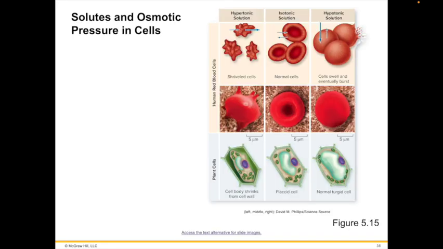So figure 5.13 shows you the behavior of human red blood cells and plant cells in each of those three solutions mentioned earlier: the hypertonic solution, the isotonic solution, and the hypotonic solution. You should know how both of these types of cells behave in each of those three types of solutions.